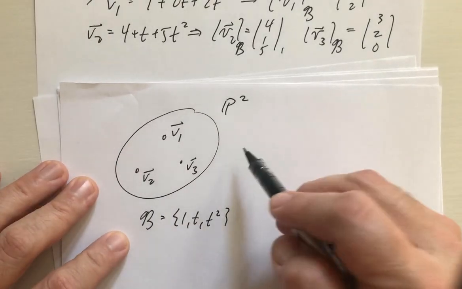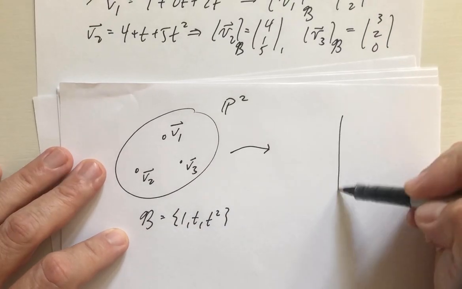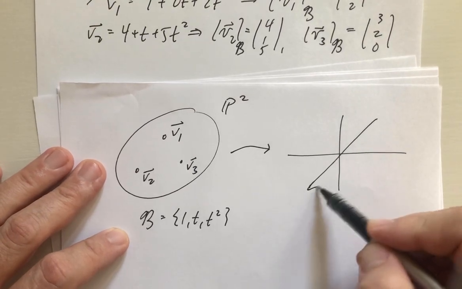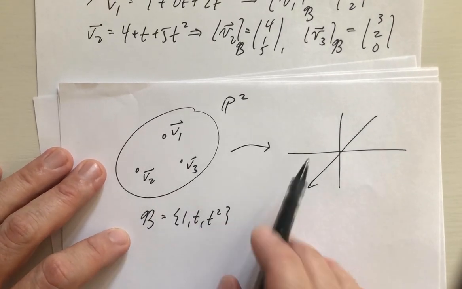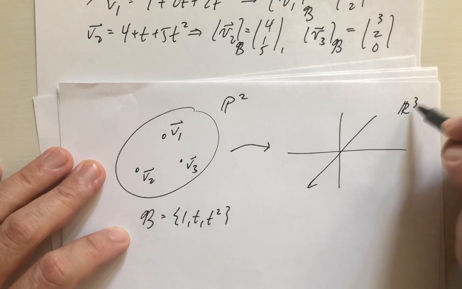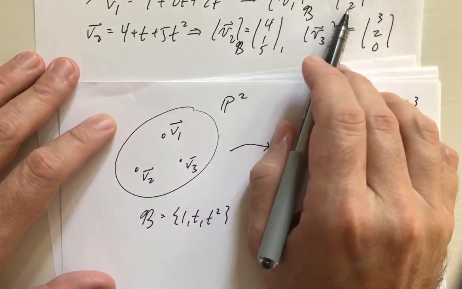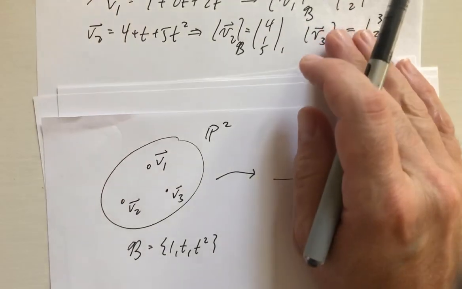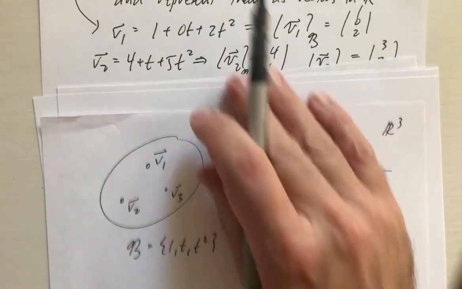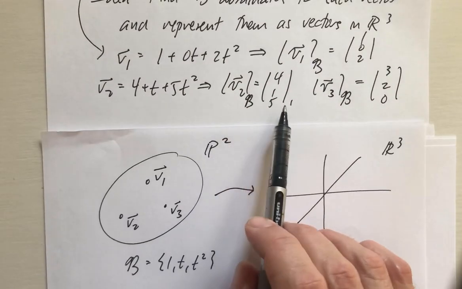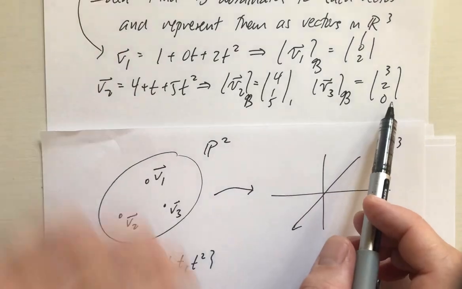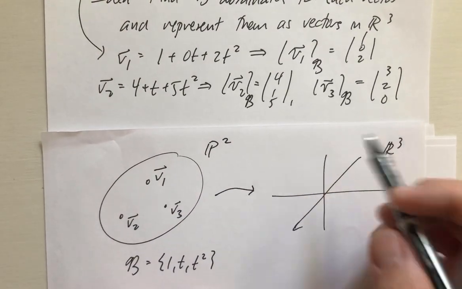And once we fix this basis, we can then take the coordinate vectors to represent each vector as something in R3 now. So V1 got sent to 1, 0, 2. Right, V2 got sent to 4, 1, 5. V3 got sent to 3, 2, 0.